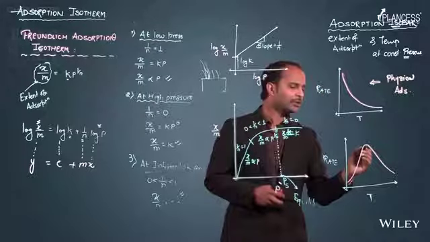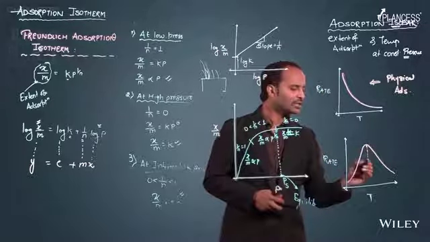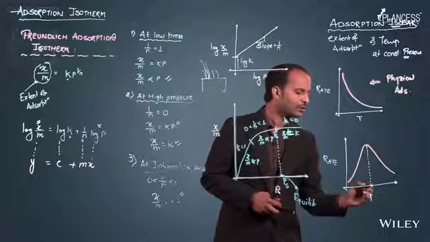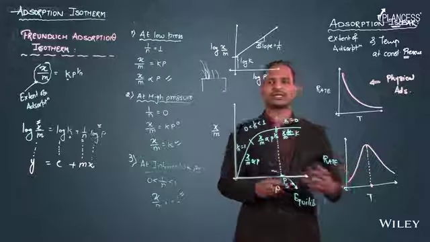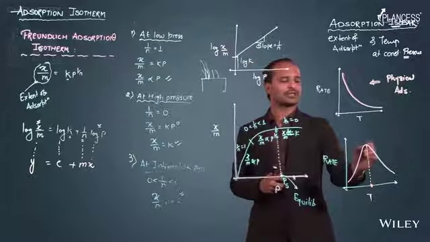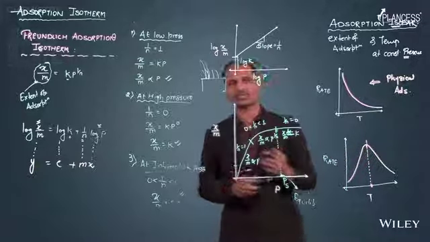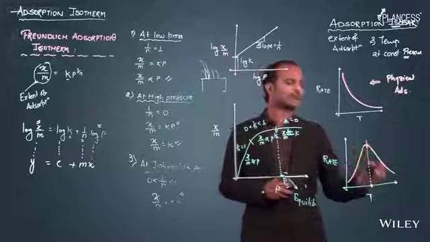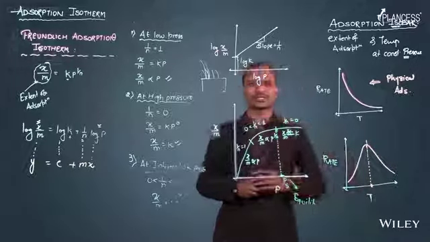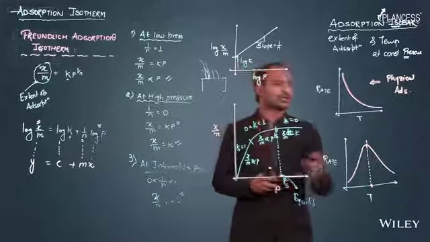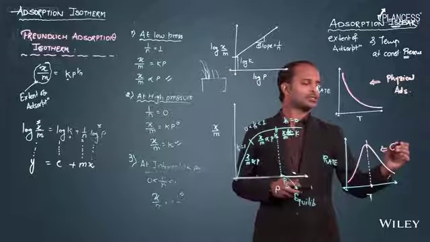Till that temperature the molecules gain the activation energy. Once the gaseous molecules get the activation energy, a further increase in temperature decreases the rate of adsorption. So this is for chemical adsorption.